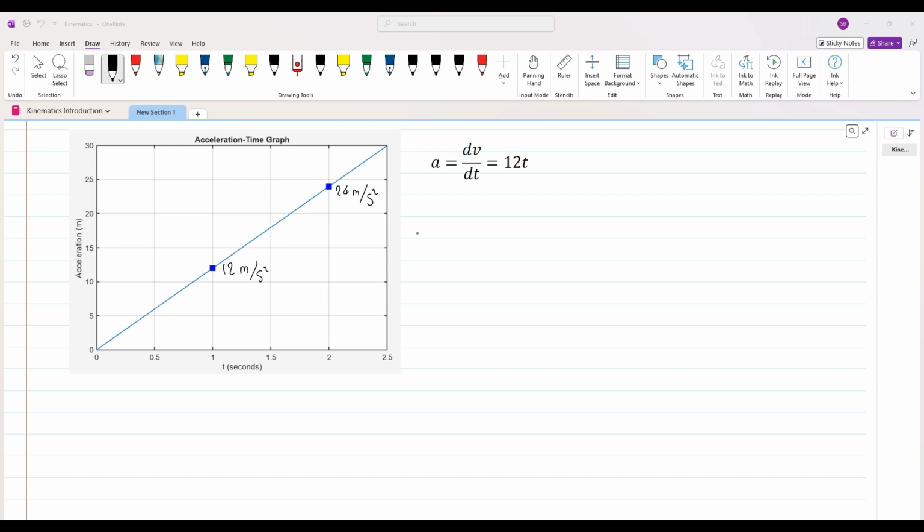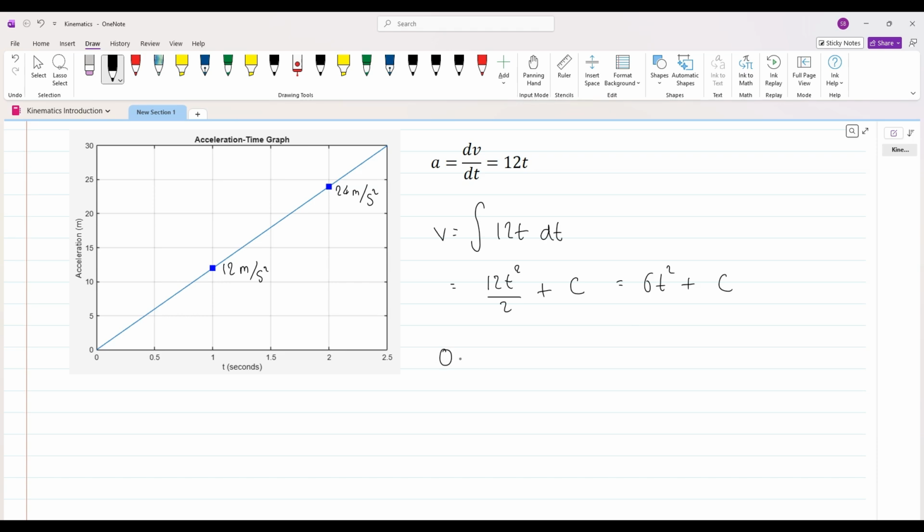So we would have v equals the integral of 12t with respect to t, which equals 12t squared over 2 plus the constant of integration c, which equals 6t squared plus c. So if the velocity is 0 at t equals 1, we would simply equate the equation to 0.